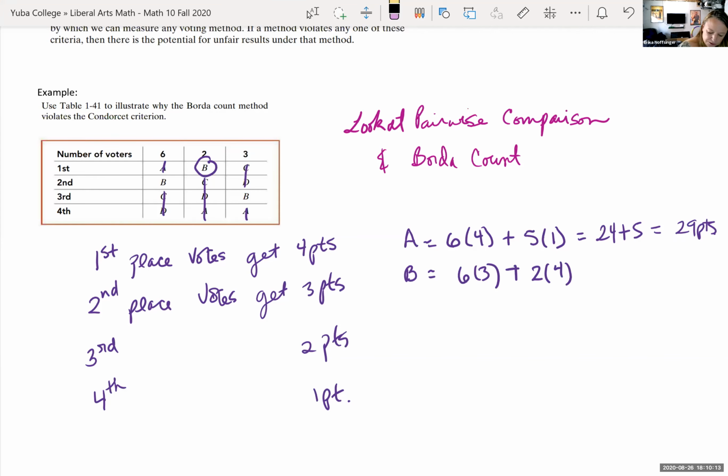And then 3 people voted them third. So 3 people, third place gets 2 points. So 6 times 3 is 18, plus 2 times 4 is 8, plus 6. 8 plus 18 is 26, plus 6 is 32.